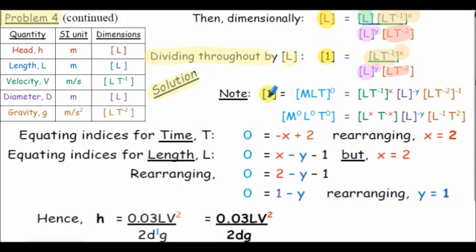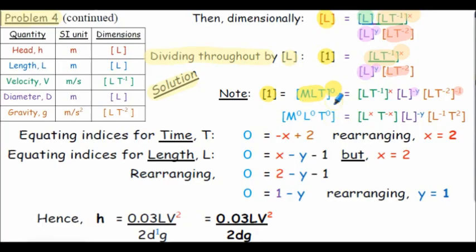Just note for reference that 1 in dimensions can be written as M L T to the 0, anything to the power 0 is unity. And on the right hand side I simply brought the denominator terms to the top line. So note the index has changed from y here to negative y here. The LT to negative 2 in the bracket is always the power of negative 1. That's just using the reciprocal rule of indices.